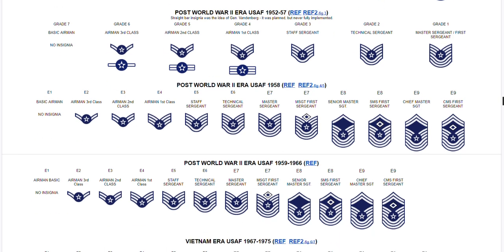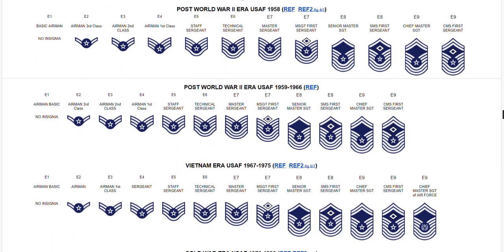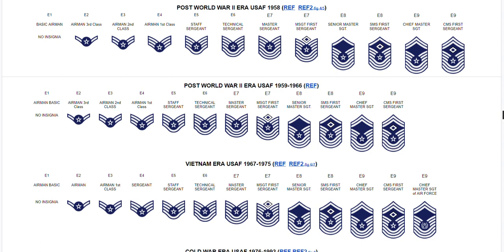In 1958, they did actually do a restructuring. This is when all the services switched from 7 grades to the 9 grades that we have today, what they call E1 through E9, right? The enlisted grades that we have in today's service. But they did keep most of the same titles, especially down here at the bottom.